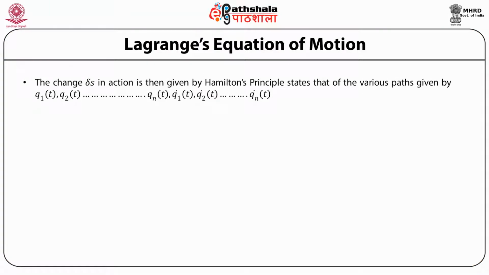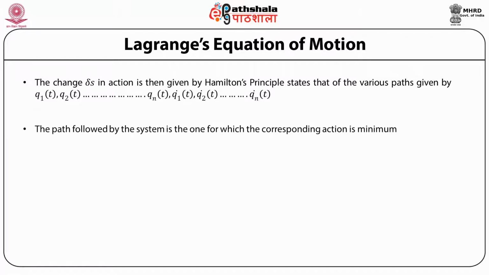Hamilton's principle states that of the various paths given by the generalized coordinates q1, q2, qn as functions of time and the generalized velocities q1 dot, q2 dot, qn dot, etc., as functions of time, the actual path followed by the system is the one for which the corresponding action is minimum.